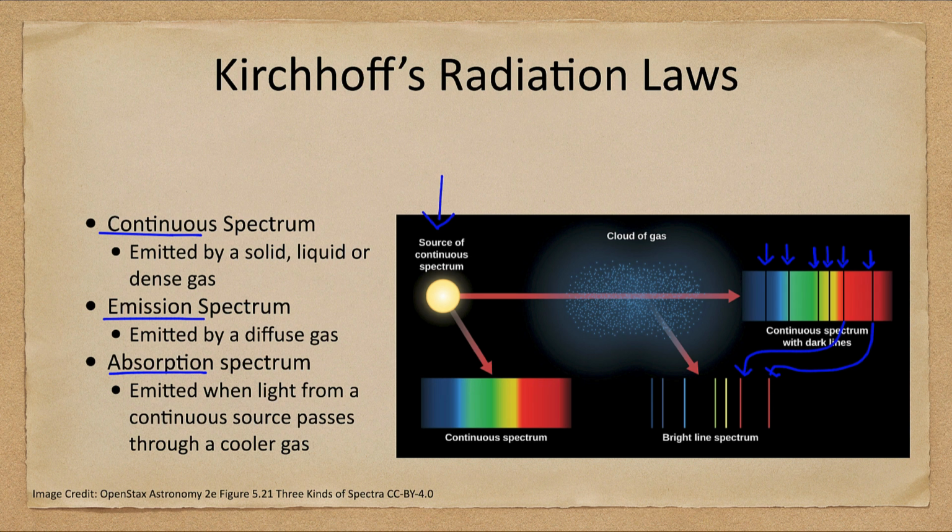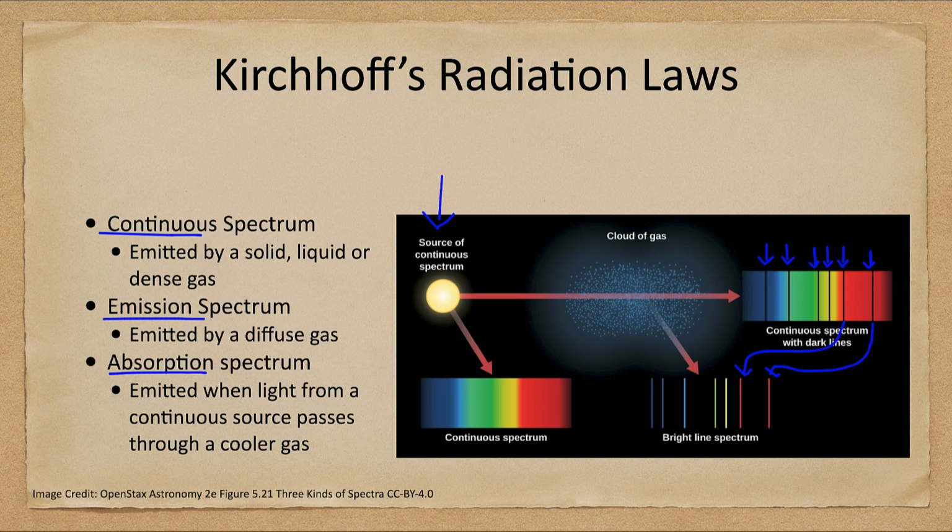So this is how we've been able to learn what things are made up of. We look at those spectral lines. Now there's a little bit more detail to it than just looking at the spectral lines, but it does give us a start, because if we see an element's spectral lines present, say in a star, then we know that element is present. However, the converse is not true. Just because we don't see lines of a specific atom there does not mean that atom is not present.